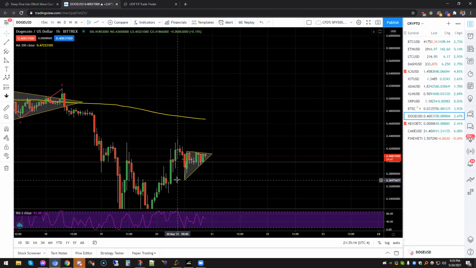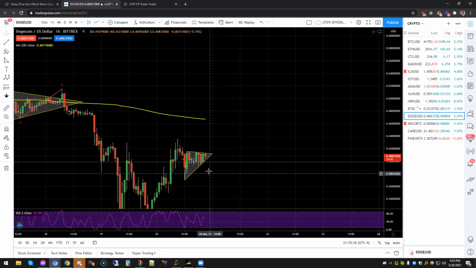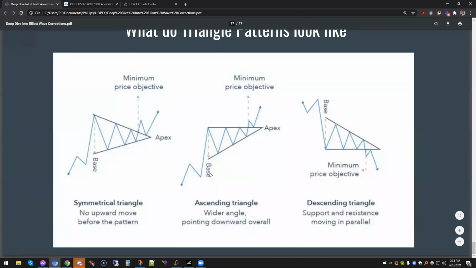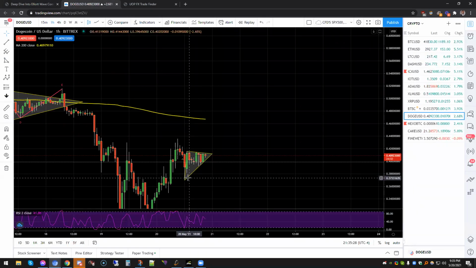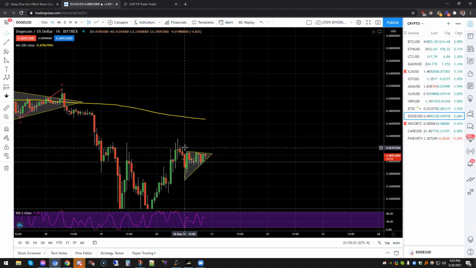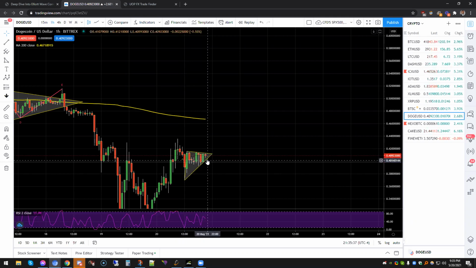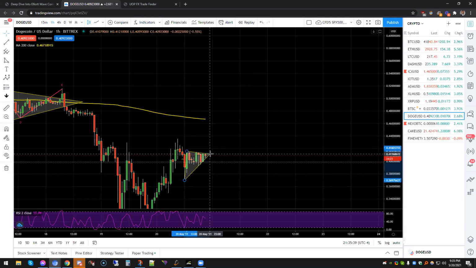So this would be sort of a triangle type formation, right? And if we go back to what our triangles look like, you can see that it's very similar to what I'm looking at, okay? So if I go back over here, I can say that this is a triangle formation, potentially. So we've got 1, we've got 2, we've got 3, potentially 4. Just tighten it up a little bit.